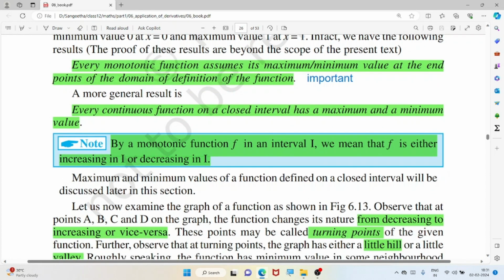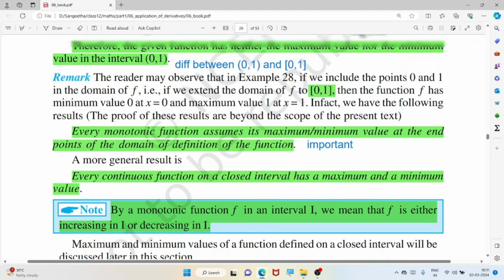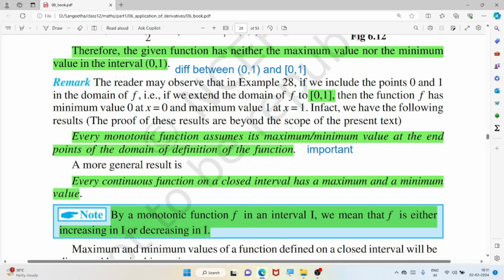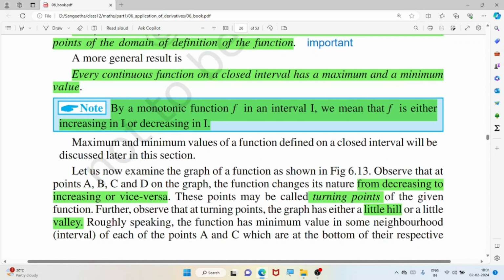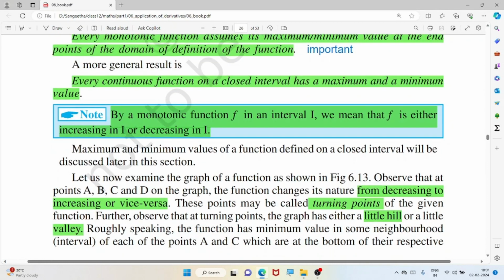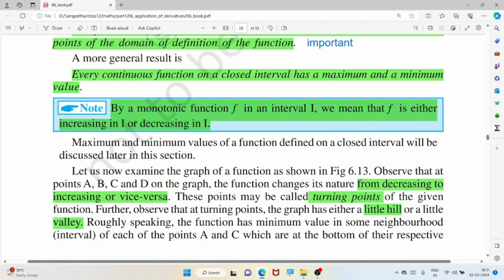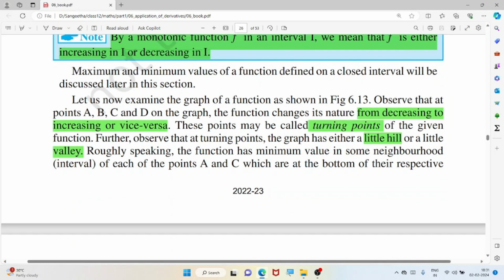Every monotonic function assumes its maximum value at the end points, that is 0 and 1 here. Monotonic means either increasing or decreasing. It cannot be both increasing and decreasing; it should be either one, and that is called monotonic.